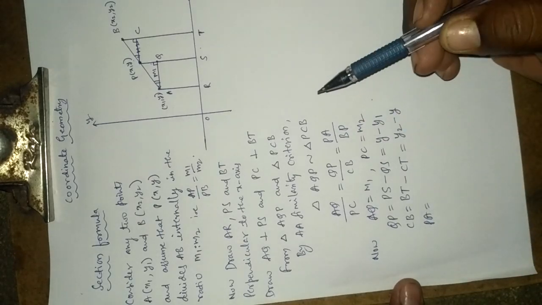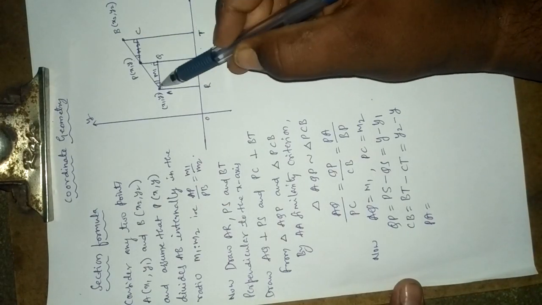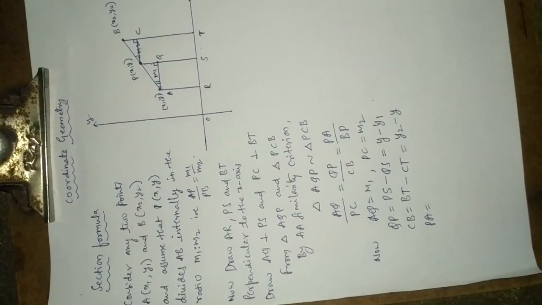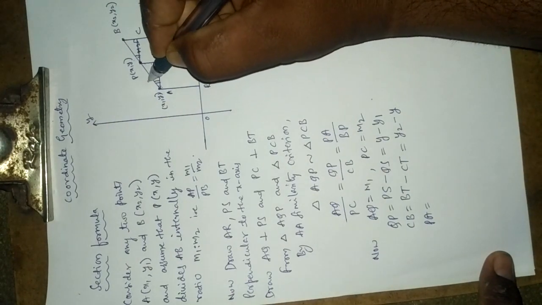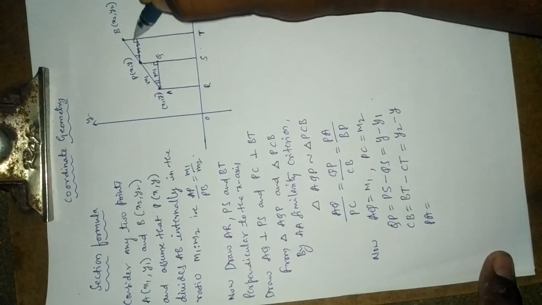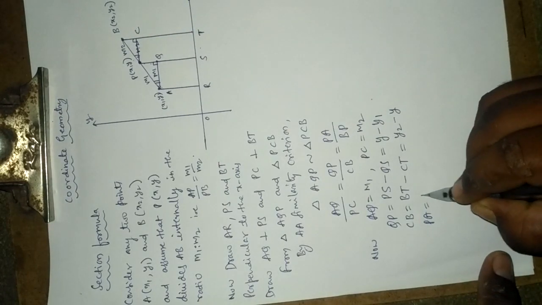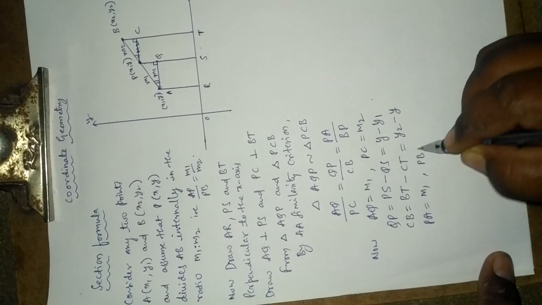So PA means from this point to PA we have to find out. How to find out PA? Here PA is M1, PB is M2. So PA is M1, PB is equal to M2.